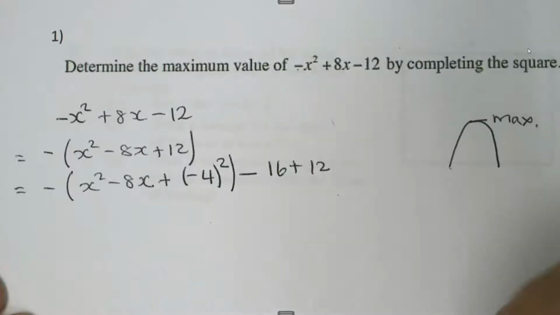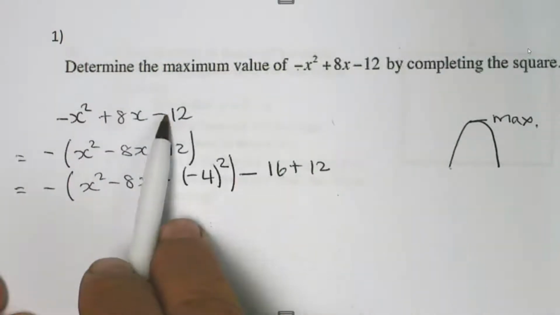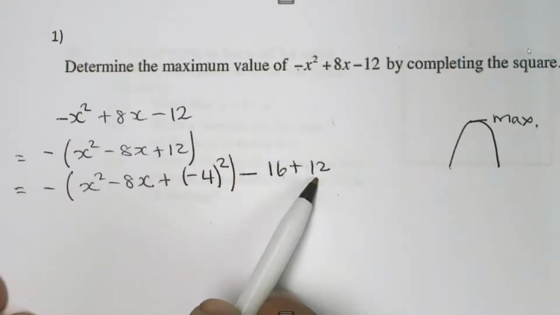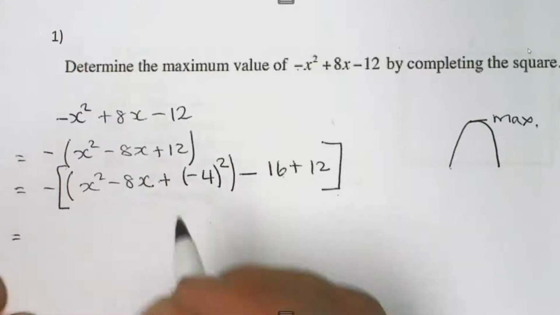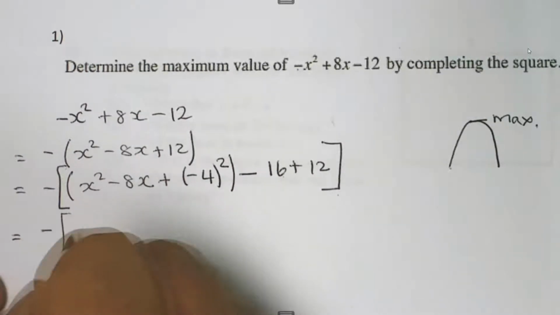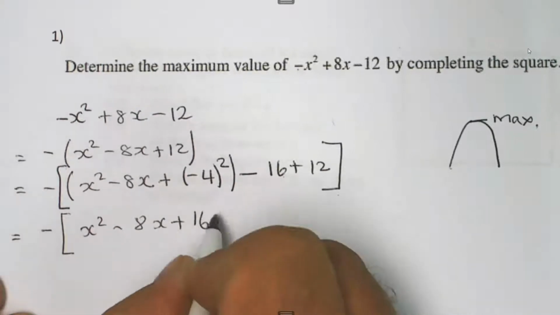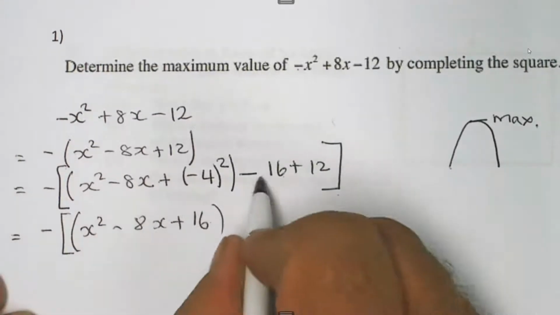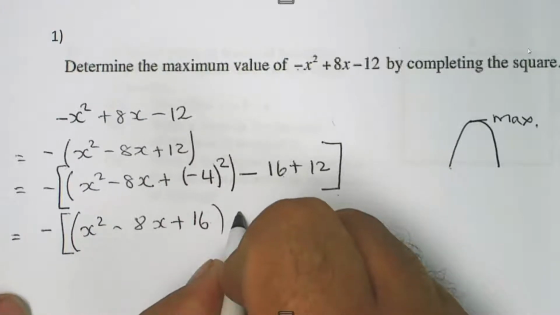Again, if you add 16, then you must subtract 16, and this +12 remains there. So this becomes -(x² - 8x + 16), and -12 + 16 will give you +4.